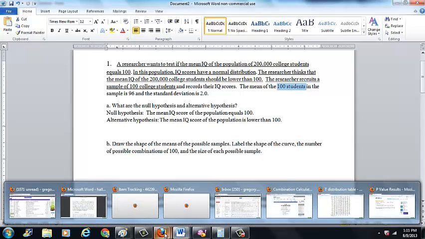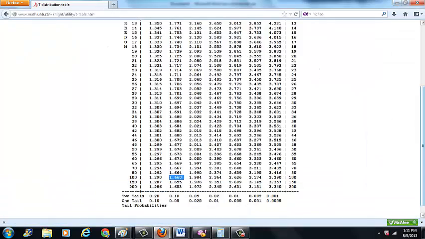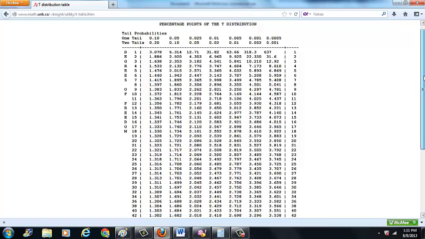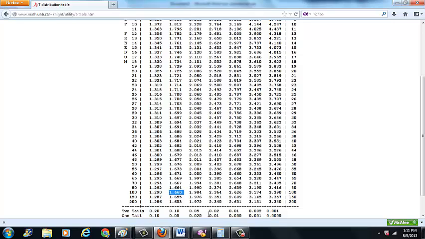We go to our table. We go to one-tailed test, 0.05. We go down the column to where we find degrees of freedom of 99. The closest one we can use is 100. So we end up with a critical value of 1.66.